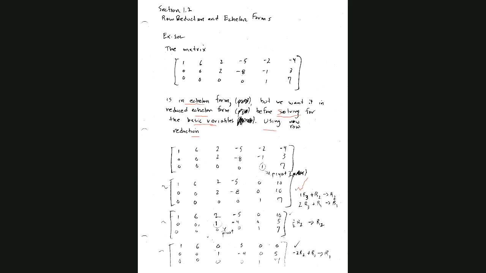Now we have this pivot here, and we take the third row, let me blow it up a little bit more. We take the third row and multiply it by 1 in our minds, and then add it to the second row, and replace the second row with this result. This is how we denote our row operations.